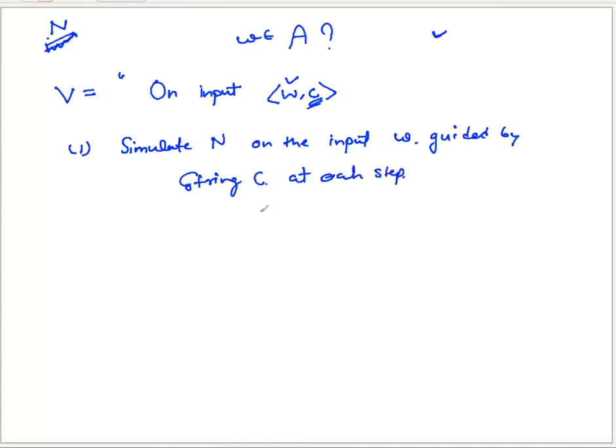So now, because your transition is guided by string C, at each step you are not making a non-deterministic choice. Out of all possible choices, you are making a deterministic choice because you have guidance as C. Once you follow this guidance, if this particular branch of N's computation accepts, what does it mean?